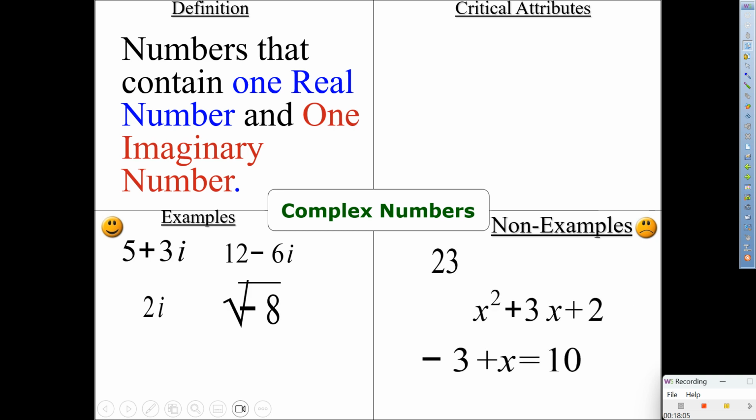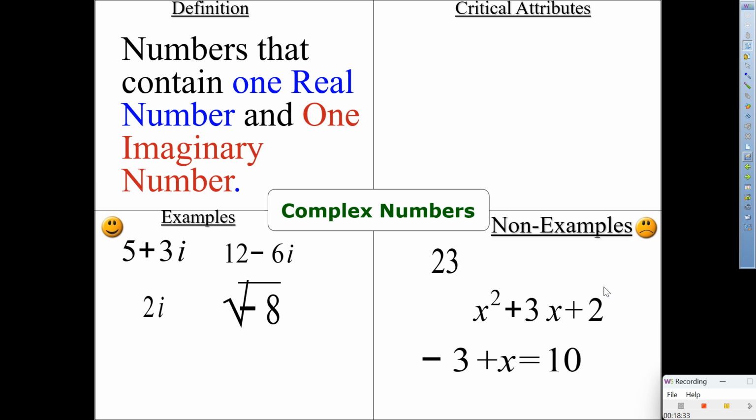23, Michael Jordan. x squared plus 3x plus 2. And -3 plus x equals 10. Tell your neighbor why those are not complex numbers. Then we're going to pass it to Anthony D. We haven't called on him in a while. Let's go. All right.